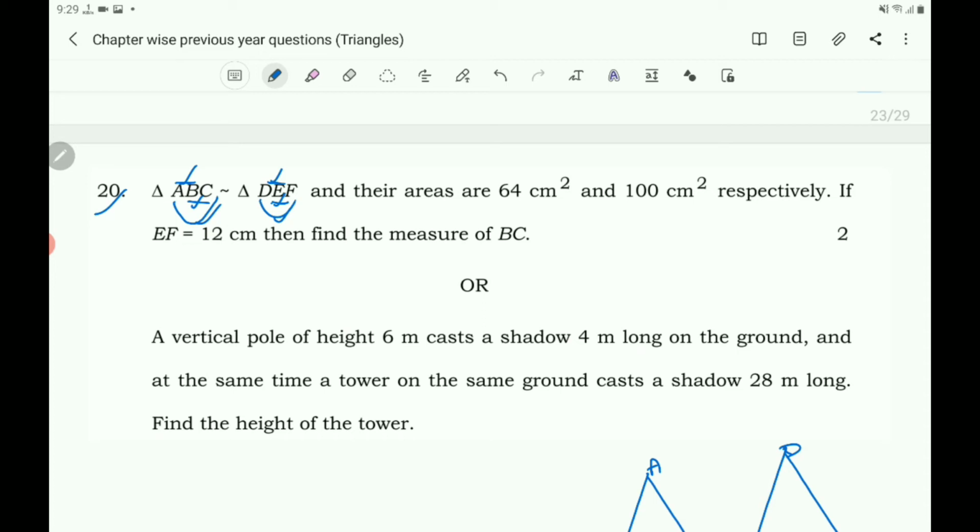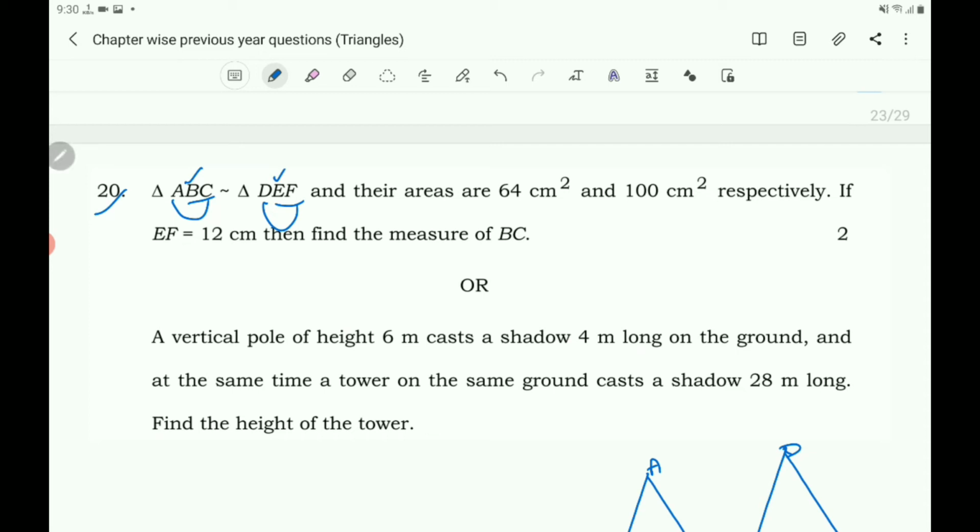As they are similar, their areas are proportional to squares on their corresponding sides. Here we have taken the corresponding sides: AB and DE, BC and EF, and AC and DF. These are the pairs of corresponding sides.